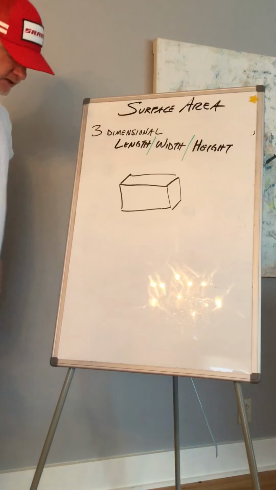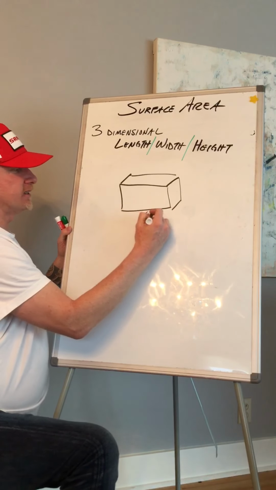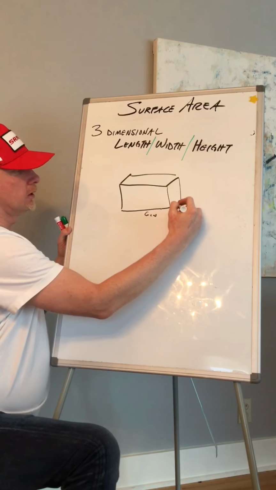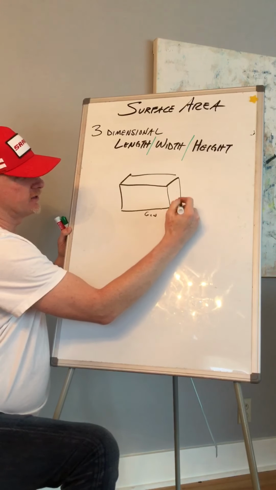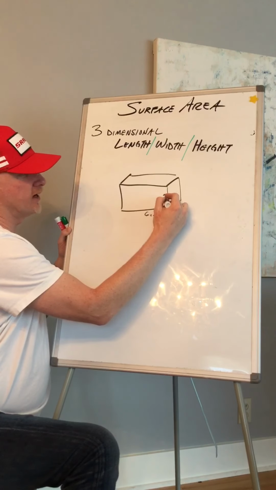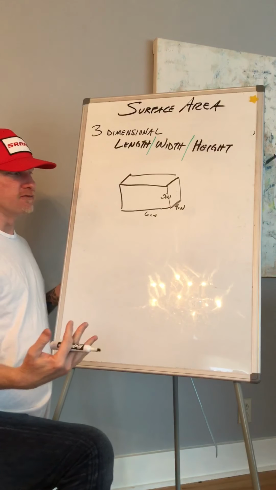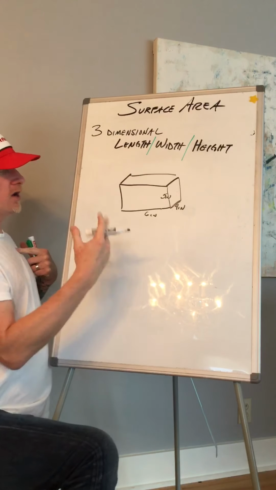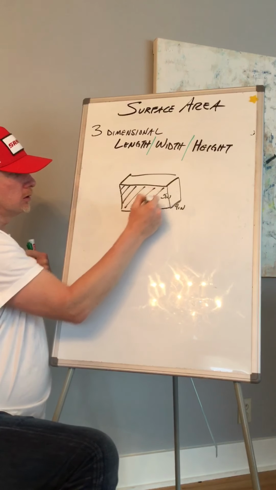So let's say this rectangular prism had a length of 6 inches, a width of, let's say, 4 inches, and a height of 5 inches. And like I said, it doesn't matter which way you draw it or visualize it, it'll be the same answer. So I have 2 of everything.